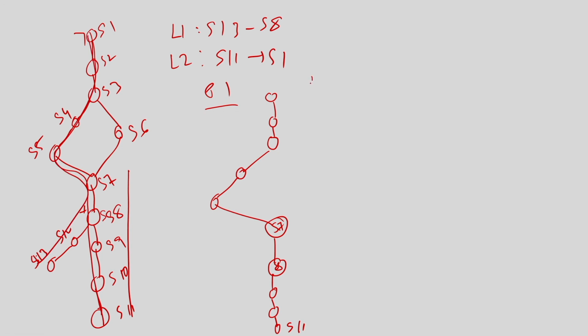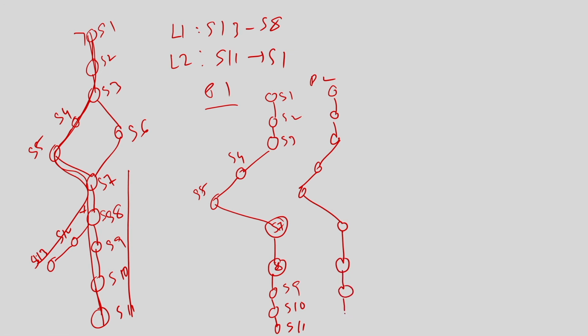So, I have path 2, which is again S1, S2, S3, S4, S5, S7 and this is S8, S9, S10, S11. So, my path 2 will be similar, but from S8 it will go to S12 and S13.